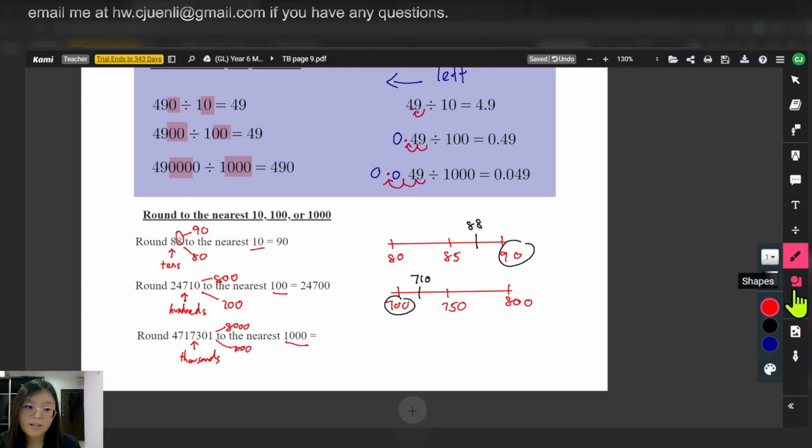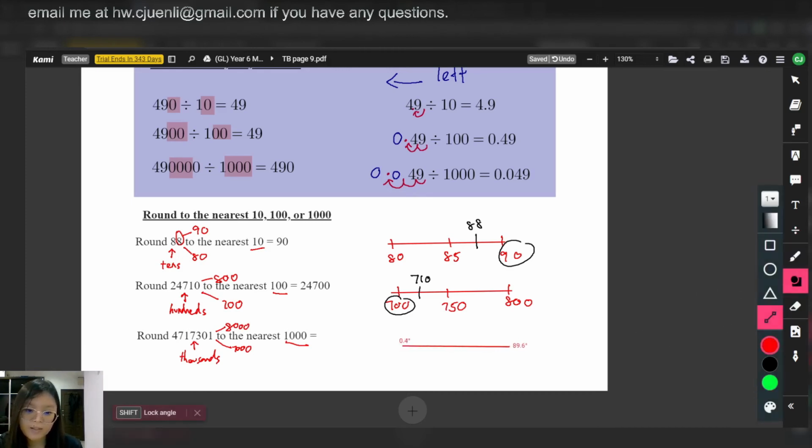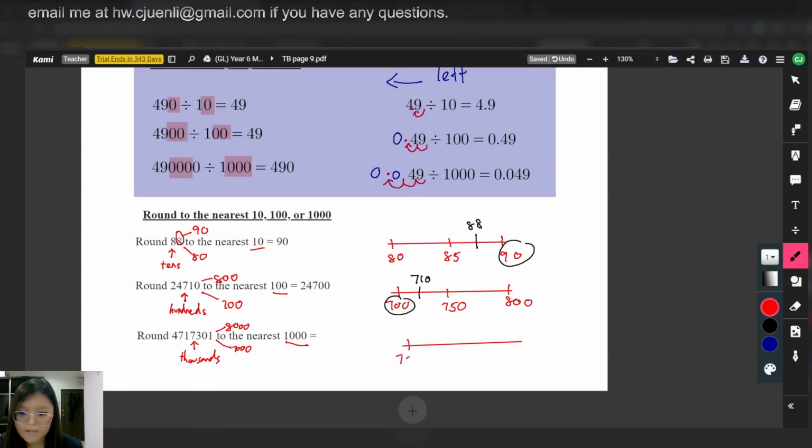So let us draw this number line real quick. We have 7 thousands. Oh, I just realized we have two sevens now. Okay, 7 thousands. We have 8,000, and in between will be 7,500. This is a coincidence, okay?